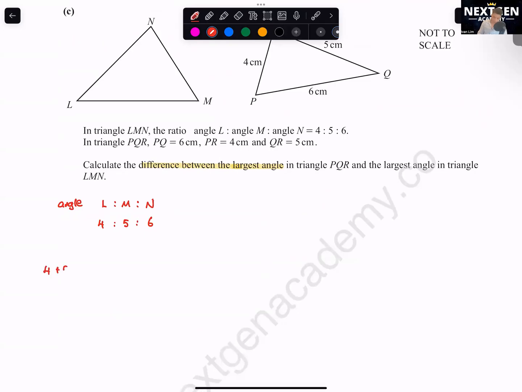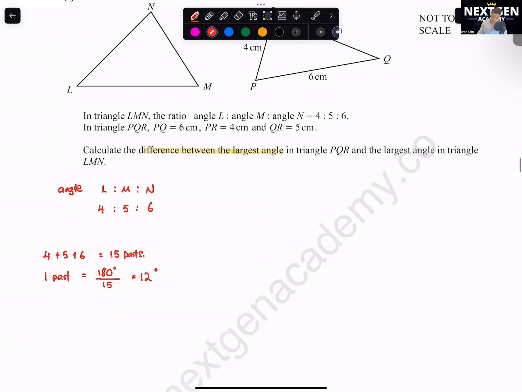So 4 plus 5, we find the total parts first, plus 6 equals 15 parts. 1 part, because all of it added together will be 180 degrees. So you take 180 degrees divided by 15 equals 12 degrees.